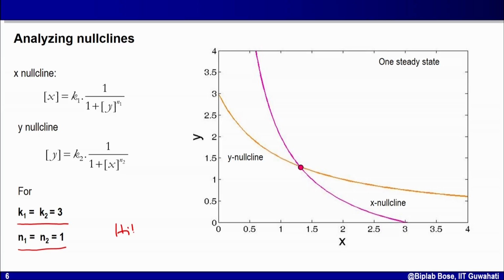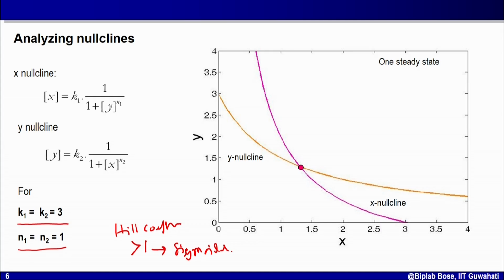If I have a Hill coefficient bigger than 1, then only I get sigmoidal behavior. Otherwise I get a hyperbolic behavior. So here the Hill coefficients n1, n2 are not bigger than 1. That means I will not get a sigmoidal behavior, rather I will get a hyperbolic behavior.